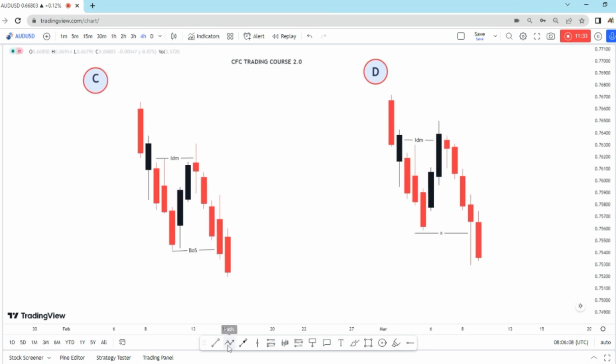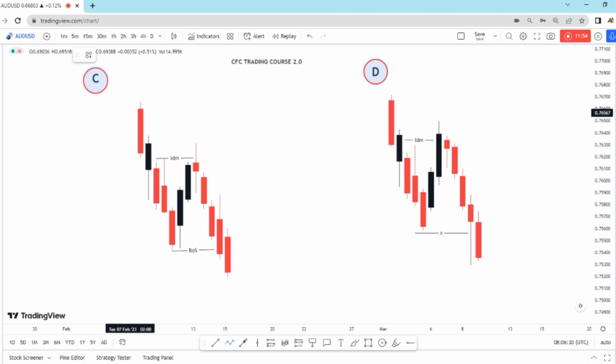In this whole concept of identifying inducement and break of structure, candle color doesn't matter. The information behind each movement of the candlesticks is what matters, but not the candle color.